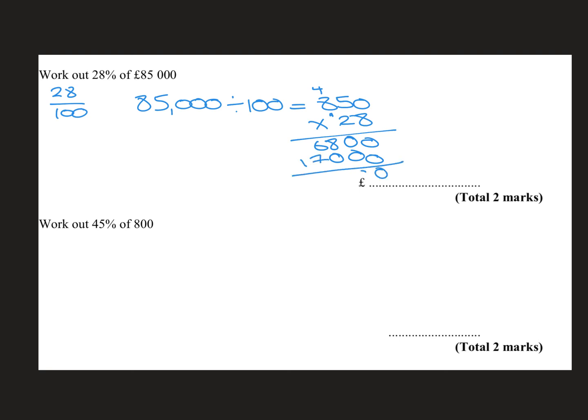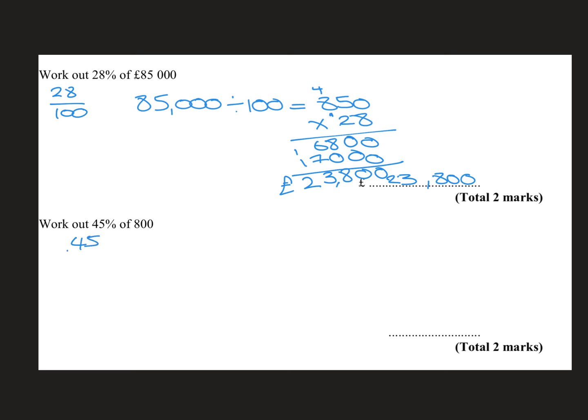So we've got 0, 0, 8, 13. 6 and 7 is 13. And then add up those two ones. That's 2. And my answer would be £23,800.